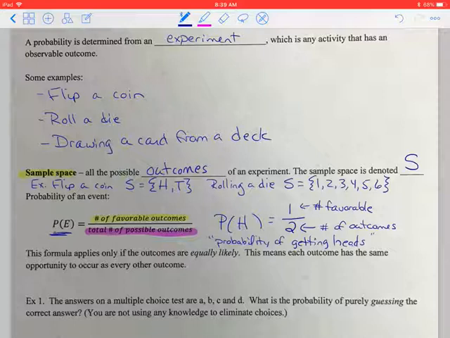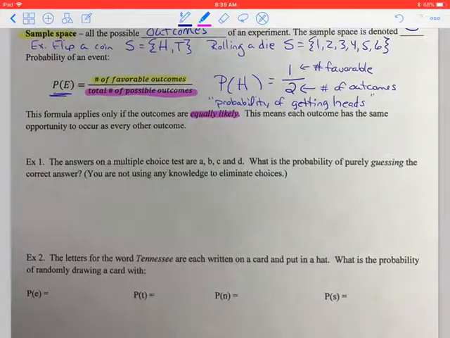In this class we're only focusing on outcomes that are equally likely. We're not looking at loaded dice or things like that. Each outcome has the same opportunity to occur. Let's do a couple of easier examples first. The answers on a multiple choice test are A, B, C, and D. If you purely guess, what's the probability of getting the correct answer?